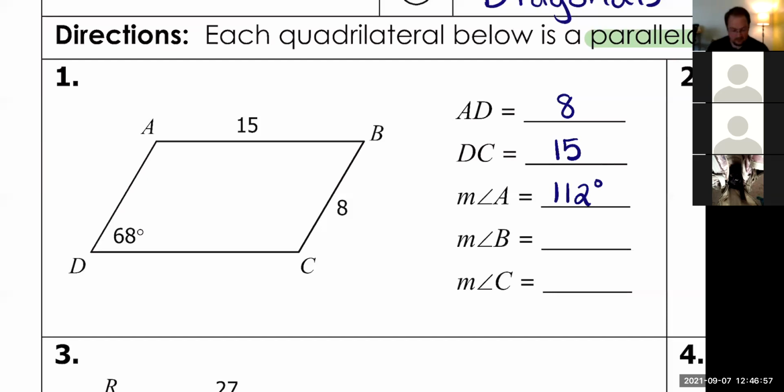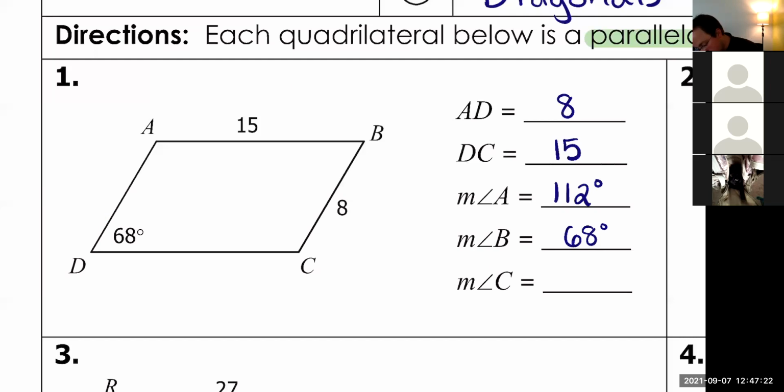Okay. Measure of angle B would be 68. There's 2 ways we could say that: B is consecutive with A, or we could just say B and D are opposite, in which case number 3 says opposite angles are congruent. So it would be 68 as well. And then angle C?